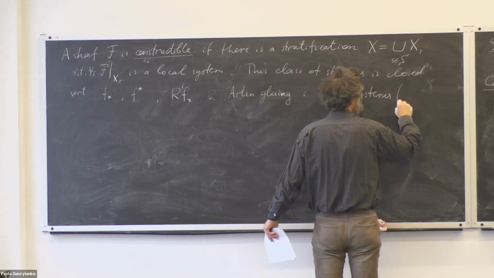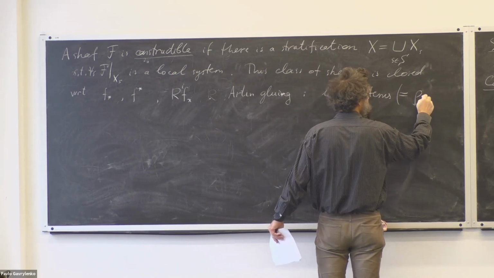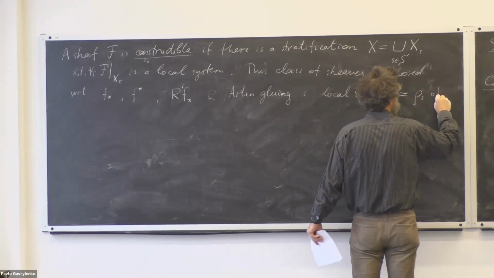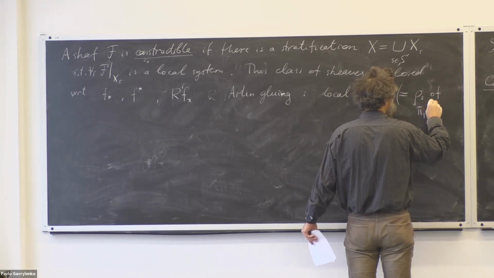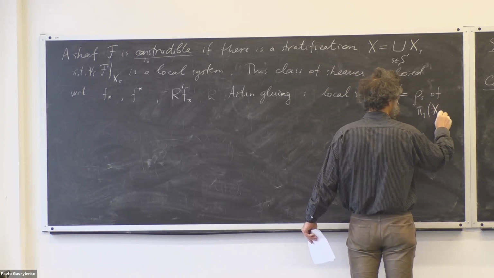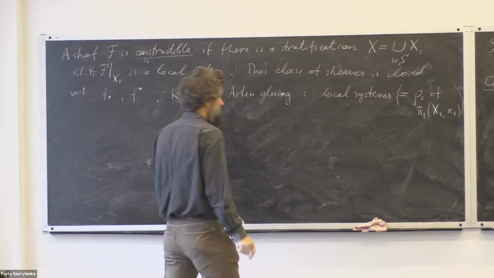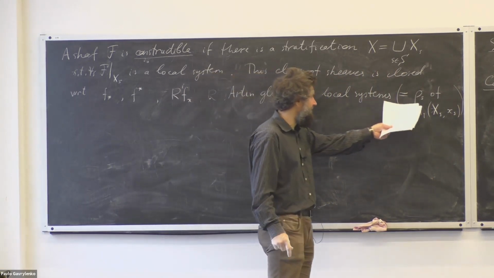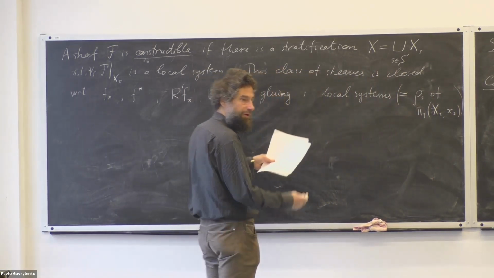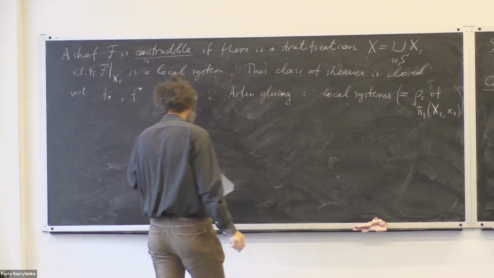And we know that this is the same as representations rho_S of fundamental groups of strata. But also you need some relation between them. Yeah, you have to somehow glue the things on various strata.